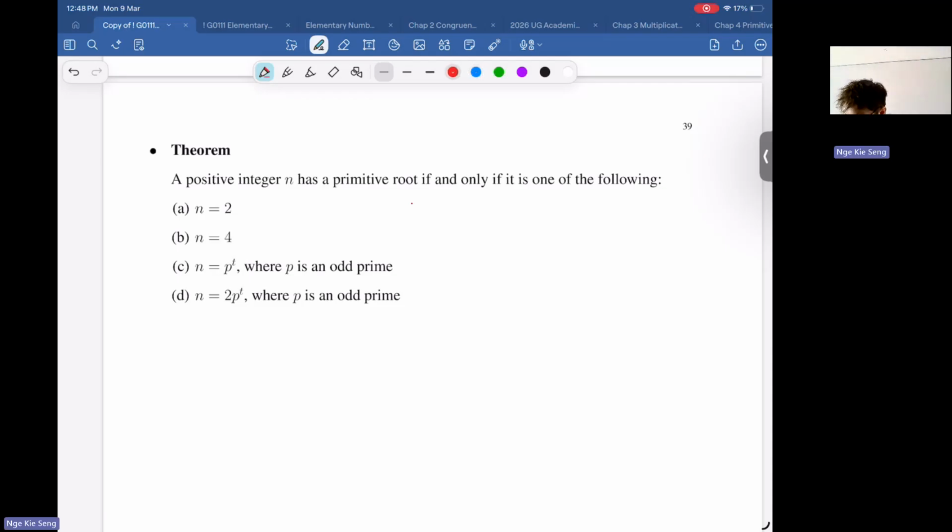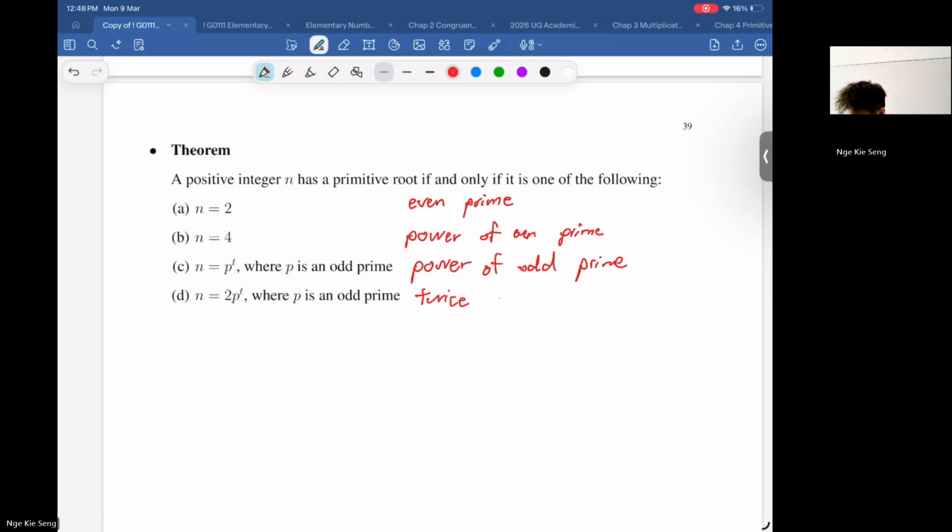So here is the even prime, and then this one is a power of an odd prime, and then the last one is twice a power of an odd prime.